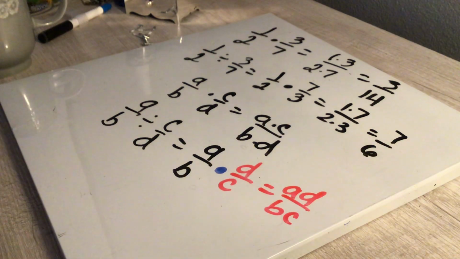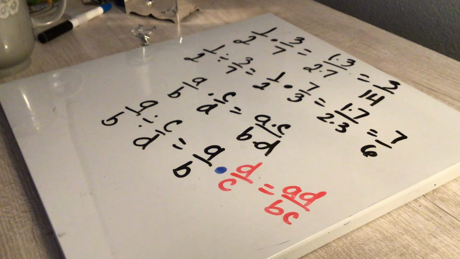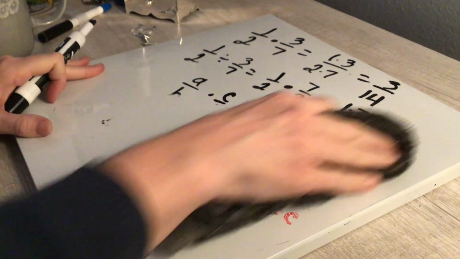And then you can multiply like you did with multiplication, okay? So multiplying, just multiply straight across. Dividing, change it to multiplication, take the reciprocal of the second expression, keeping the first one as it is.